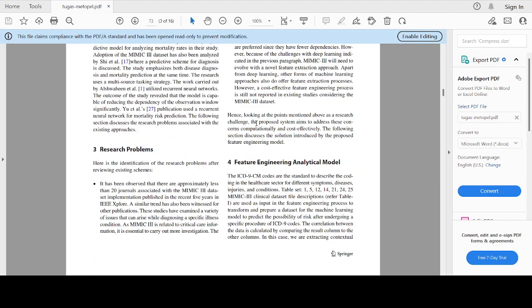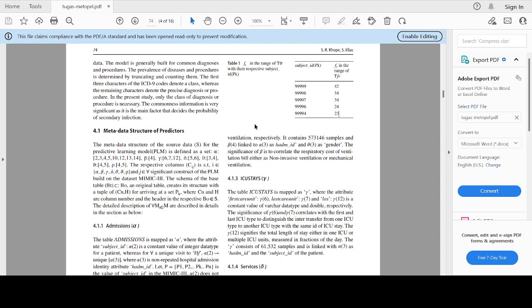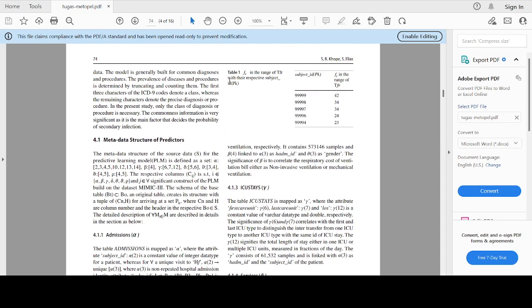Okay. As I remember, because I have already seen its template, the mimic dataset template, basically I cannot say it's raw, but it is semi-raw data, more of an operational data set.